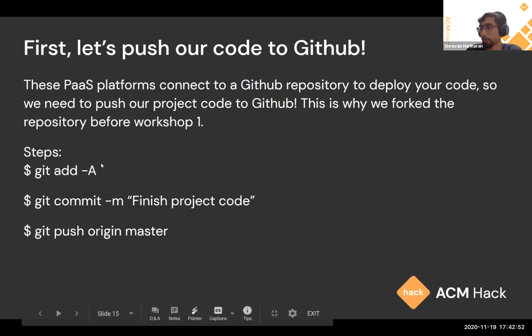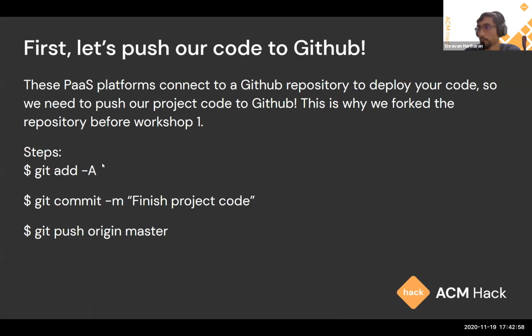But this is the general process: you add your files, commit them, and then push to master. You should have forked the repository early on in workshop 0. That fork is where your code will exist, and where other people can see your code.